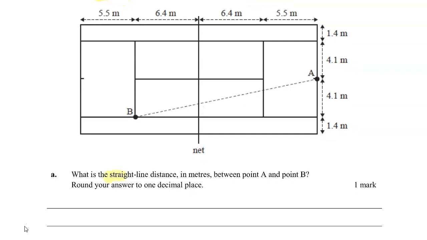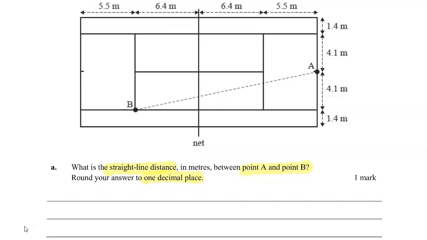What is the straight line distance, so the distance between the 2 points in a straight line between A and B? Round your answer to 1 decimal place. So you can see here we have a lovely right angle triangle. So let's use some Pythagoras theorem.